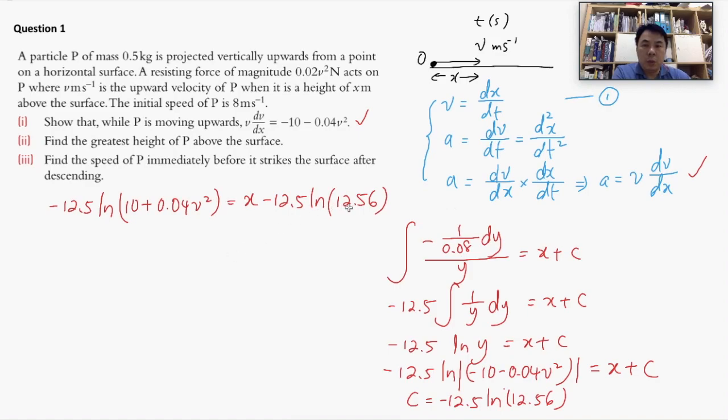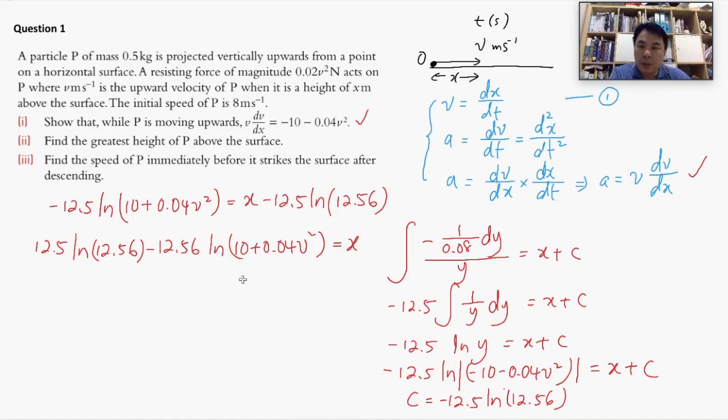And then as usual, I can join the ln together. So if I join the ln together, I'm going to have 12.5 ln 12.56 subtract 12.5 ln of 10 plus 0.04 v squared equal to x here.